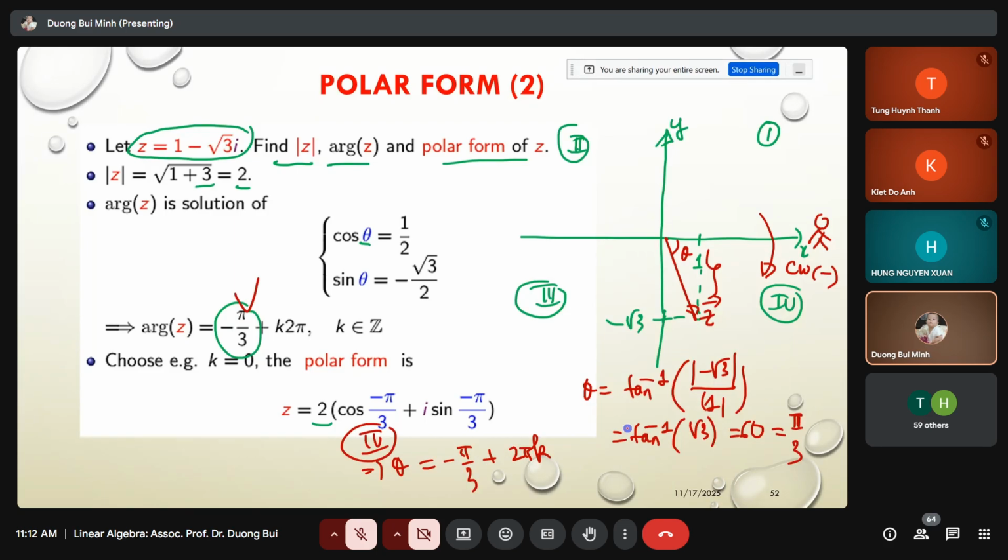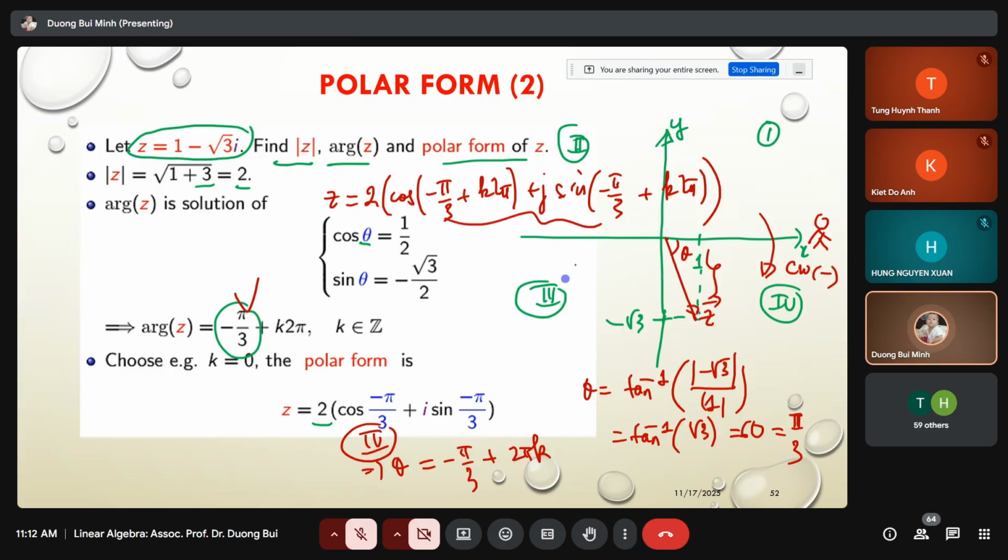Now we can write the polar form. z equals the absolute value of z times cosine of minus pi over 3 plus 2 pi k, plus j sine of minus pi over 3 plus 2 pi k. This is the more general polar form.